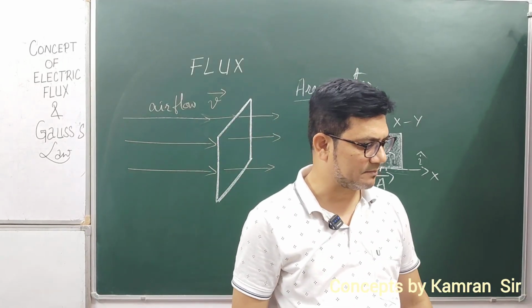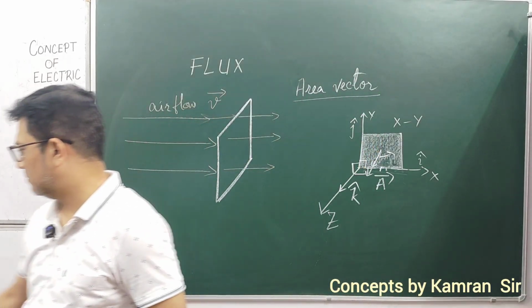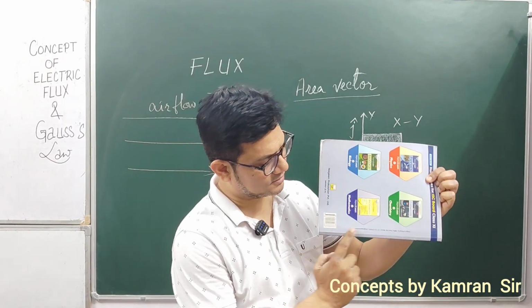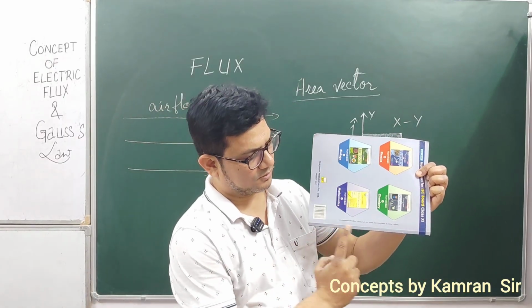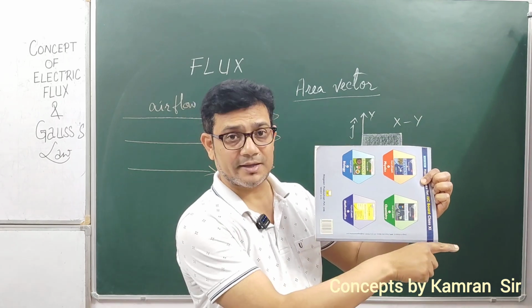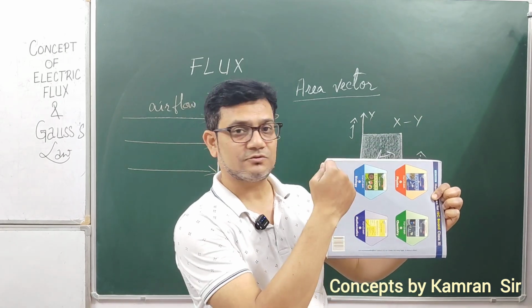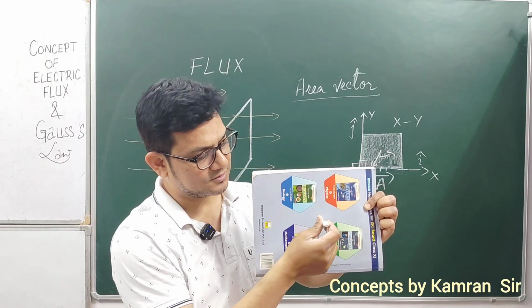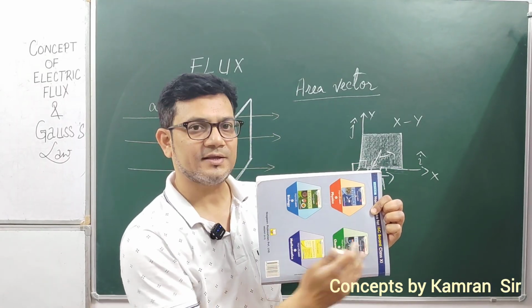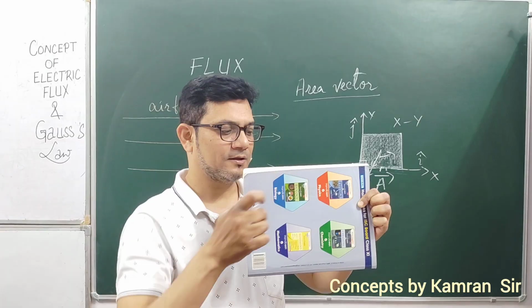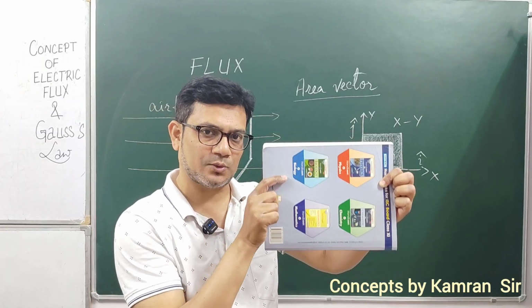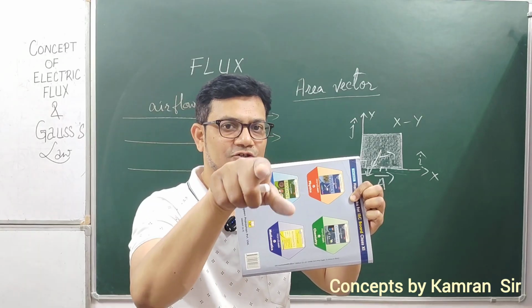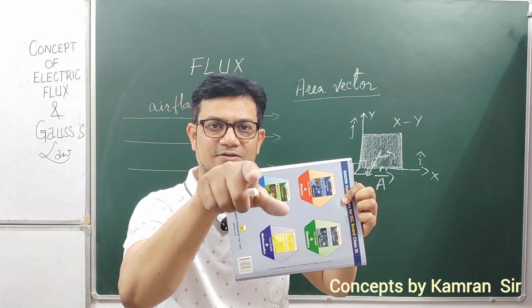If I take an example, suppose I take a book here. This is describing the length of it along i cap. This is breadth j cap. And this is which is coming towards you, right? This is k cap. This face which is facing towards you, this is in the positive xy plane. It is protruding towards you. That direction is the area vector direction.